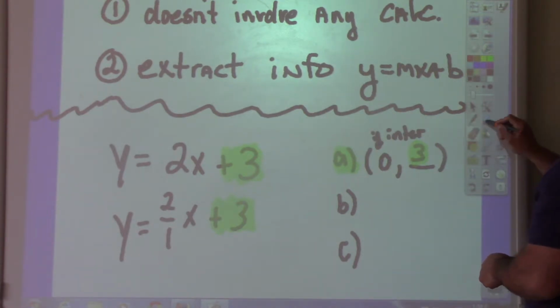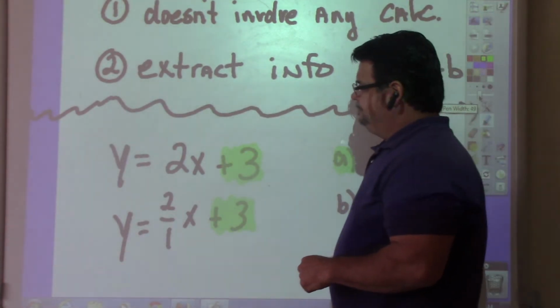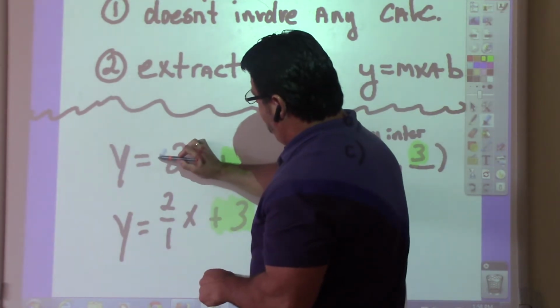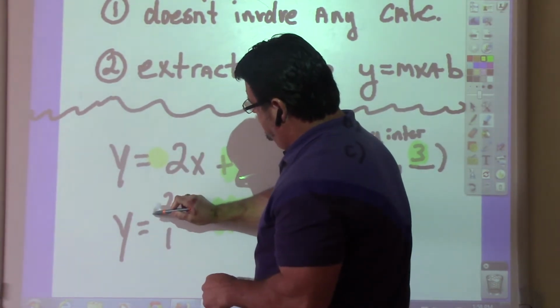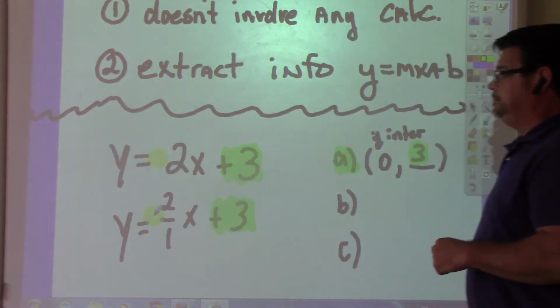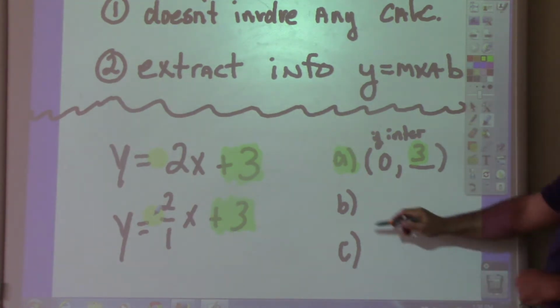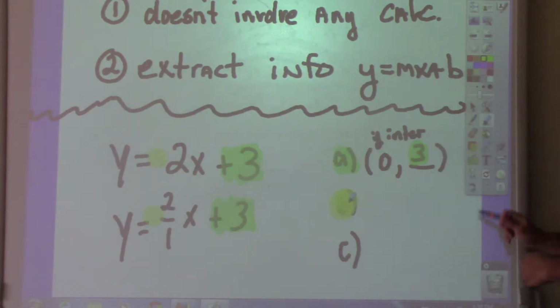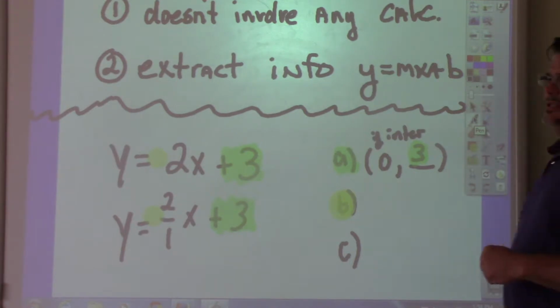B. B is going to be yellow. B is right here and right there. B is the direction of my slope. Now, before you make this confusing, it's not.